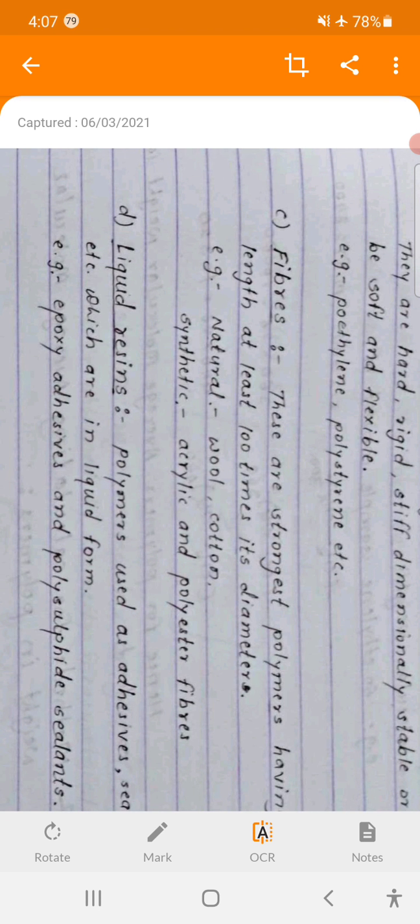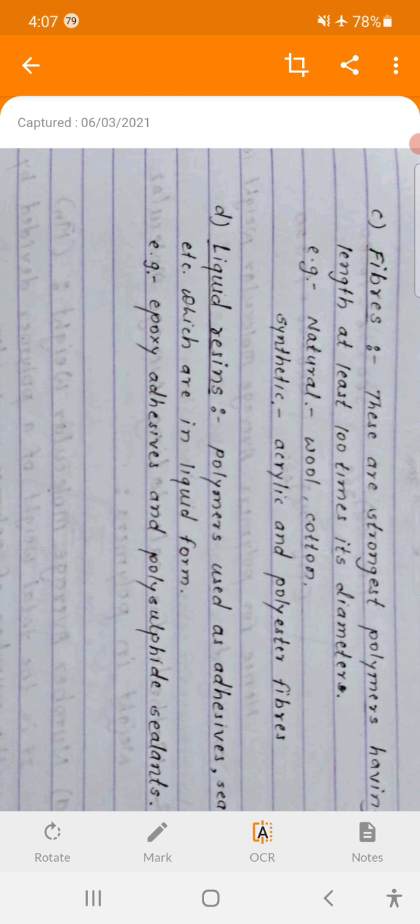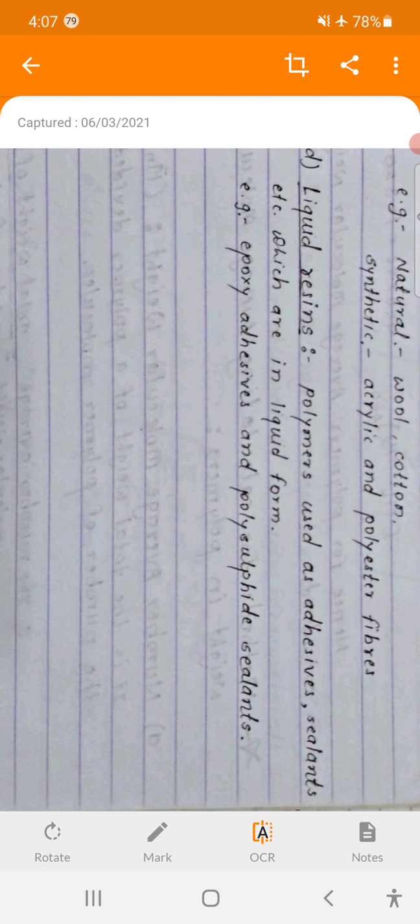Then the last type is liquid resins. These are polymers used as adhesives, sealants, etc., which are in liquid form, therefore they are known as liquid resins.